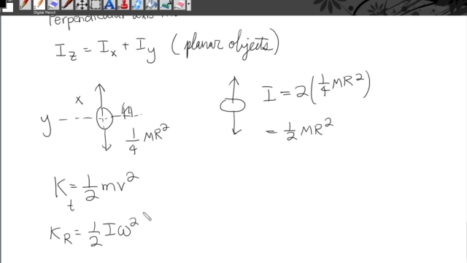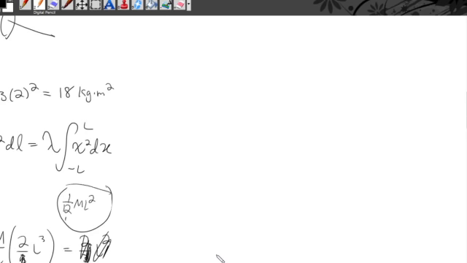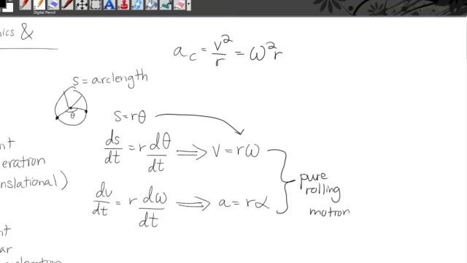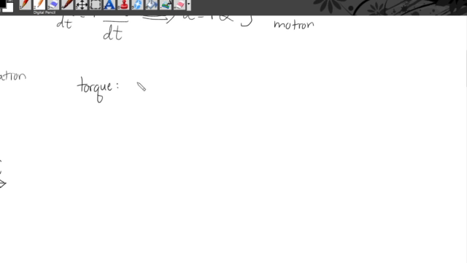Okay, finally we can talk about one of the most important concepts in the video. I mean, everything here is pretty important, but we're going to talk about torque. And so the formula for torque is that it's equal to, well, there's several formulas, but the first one I'm going to talk about is the cross product between the moment arm and the force.